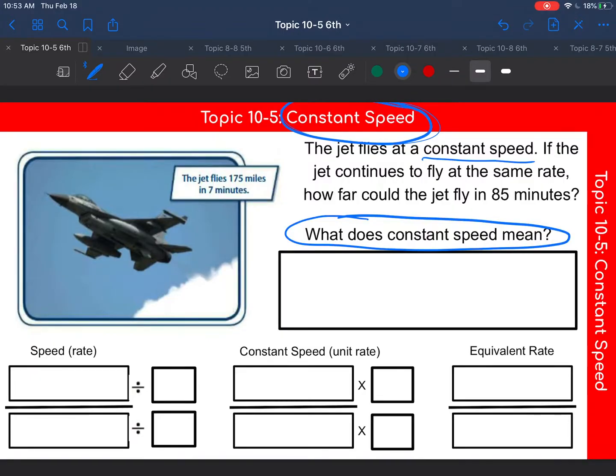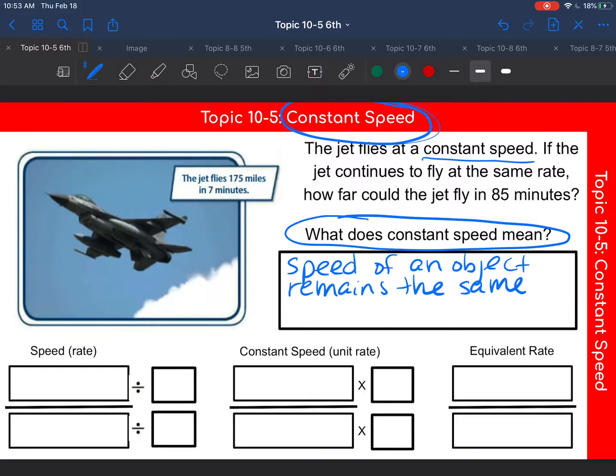So when we hear the words constant speed, we want to think of the speed staying the same. So constant speed means that the speed of an object remains the same, and I'll write, during an amount of time.